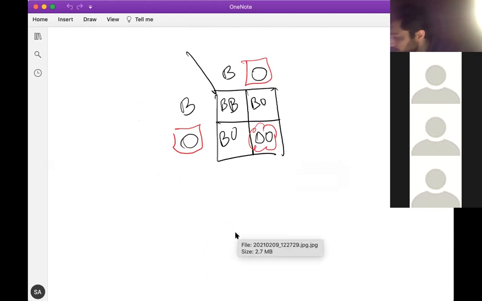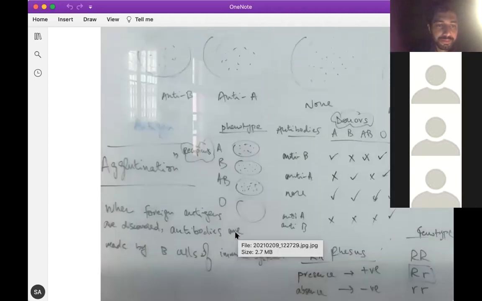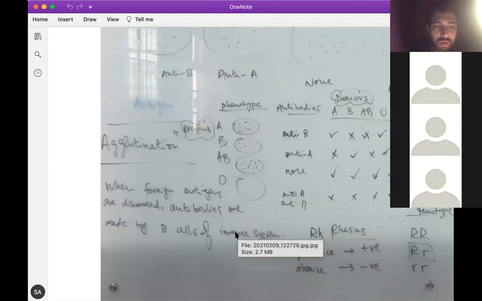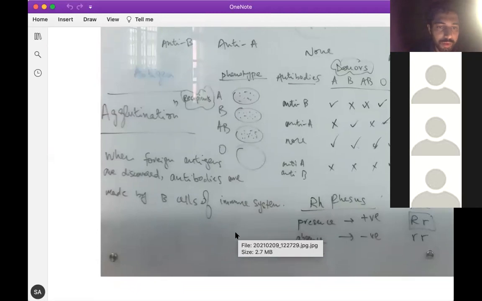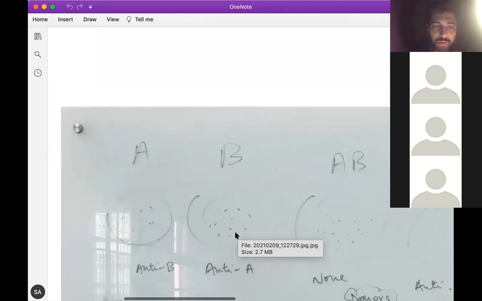Okay, I take it there are no questions. Next up, we talked about some basic things, that there are these proteins called antigens. This is where we talked about antigens.